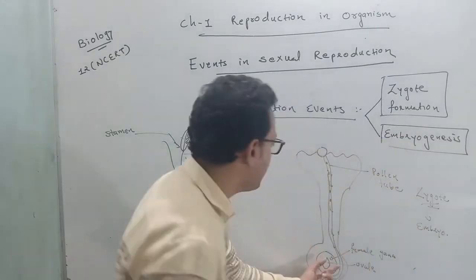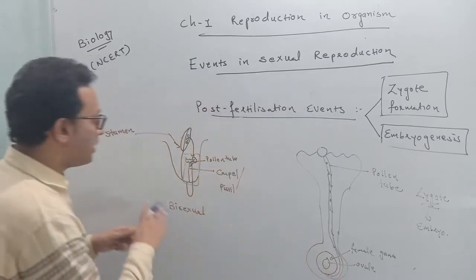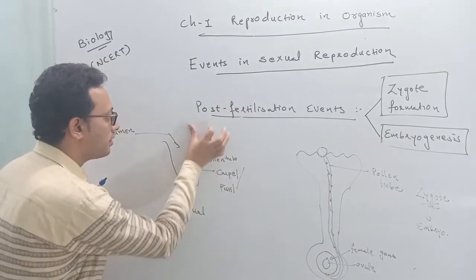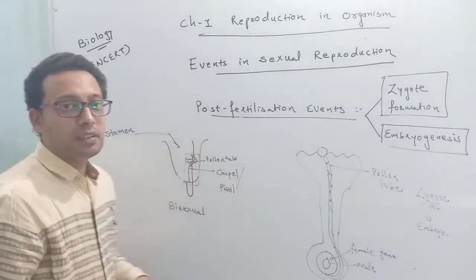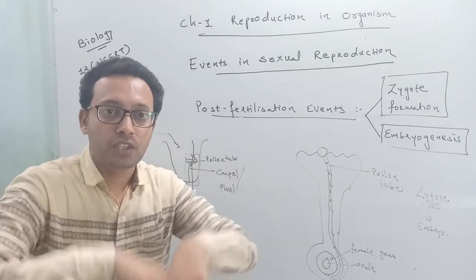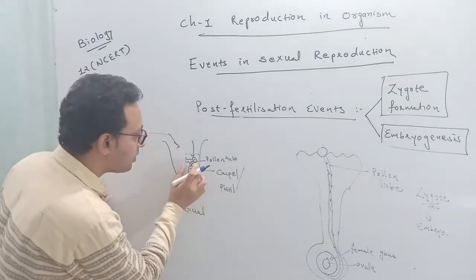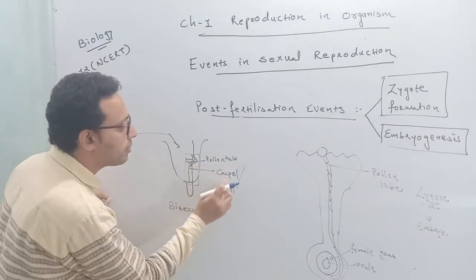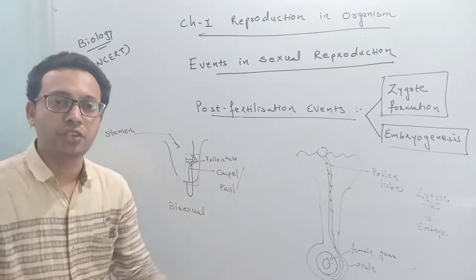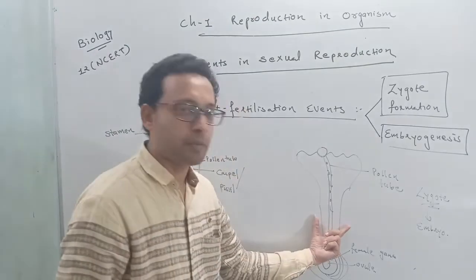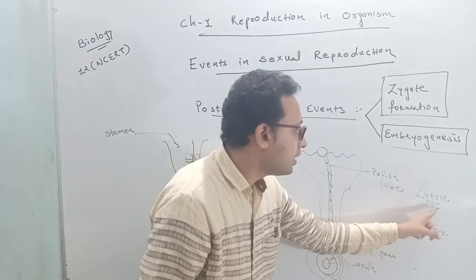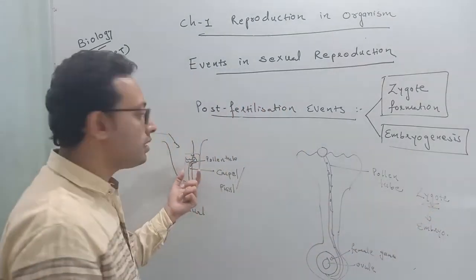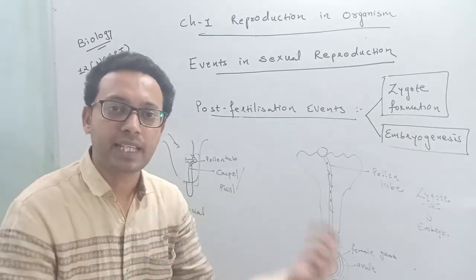But once fertilization takes place, the other organs like the stamen, sepal, petal, they all get shed off. Only the carpel or pistil is going to remain. All other things get shed off.